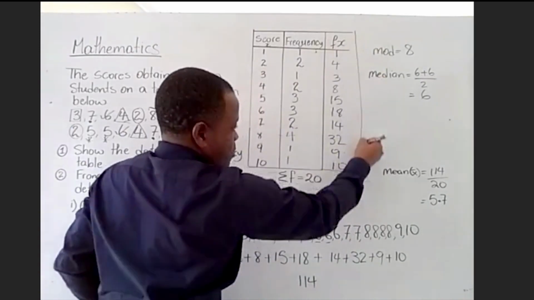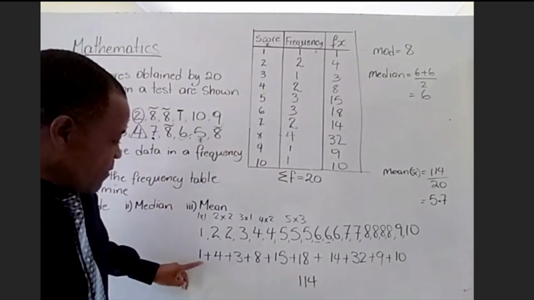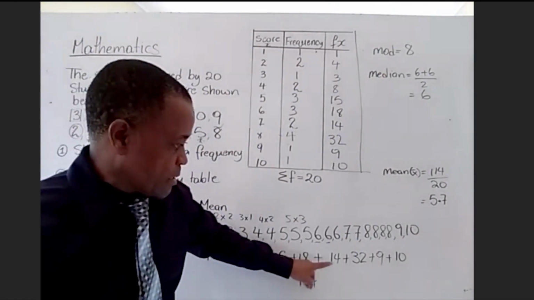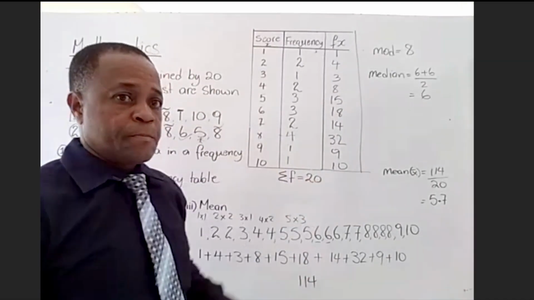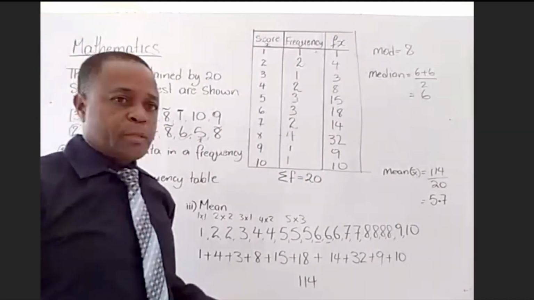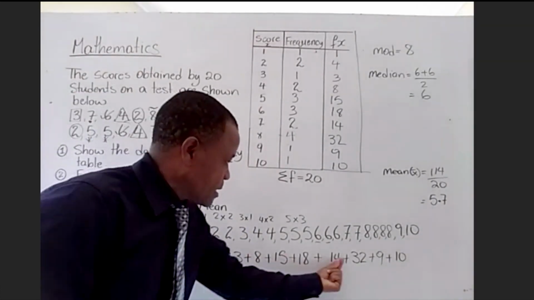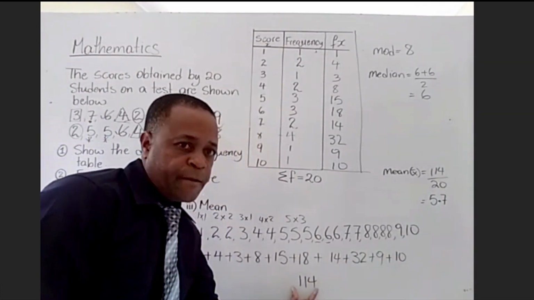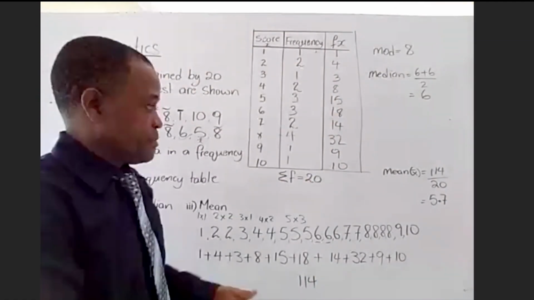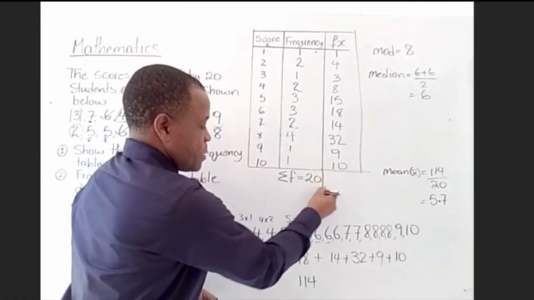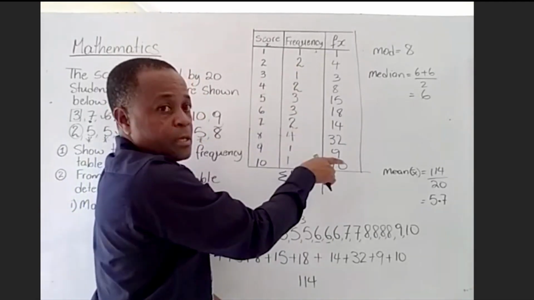Now, if you look at that table, you realize that we have gotten all of these numbers that we have down here in that column. What did we do next? We went ahead and added up all of these and we got 114. So we can do that just the same from our table. Now, what is it that we call these things inside here?